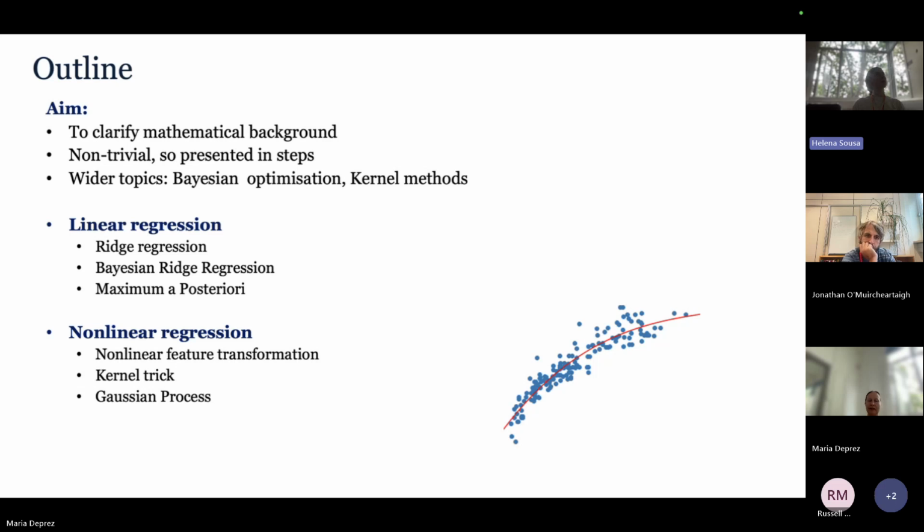I teach that to students. I decided to do kernel regression because I thought it was the easiest way to explain the kernel trick. I also do support vector machines with them, which uses it for classification, and it's also sparse. Maybe that's more linked to sparse Gaussian processes, actually.